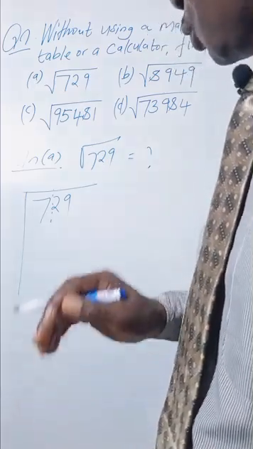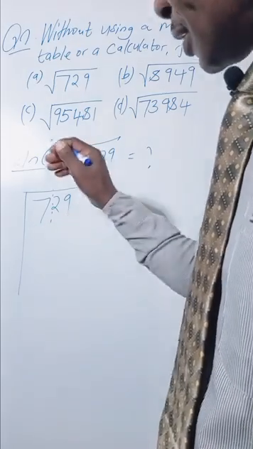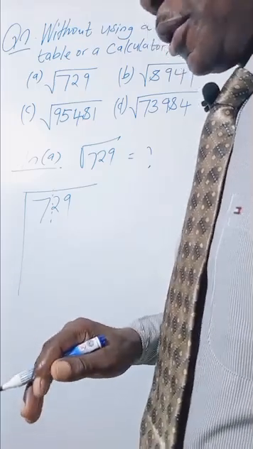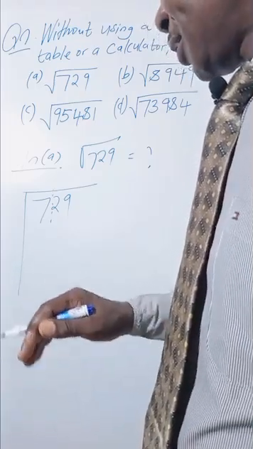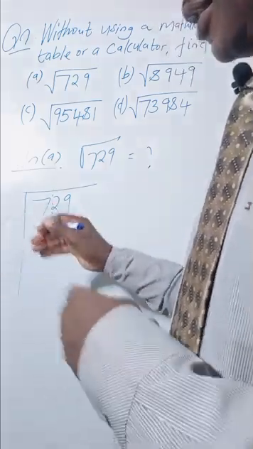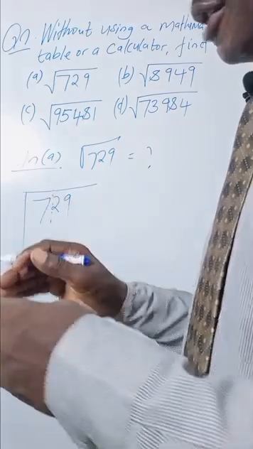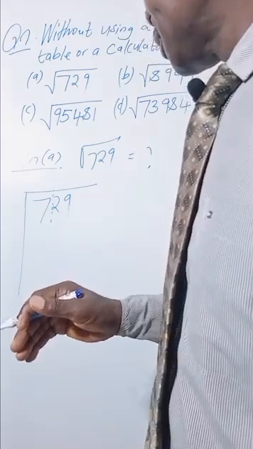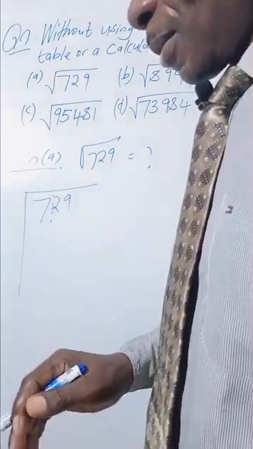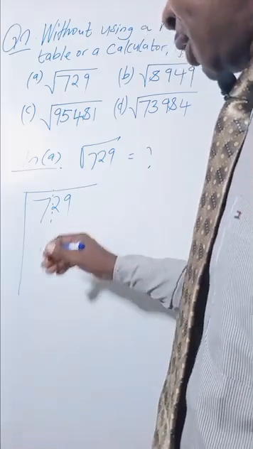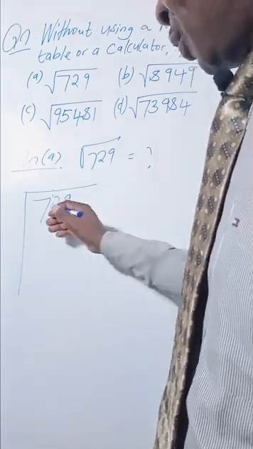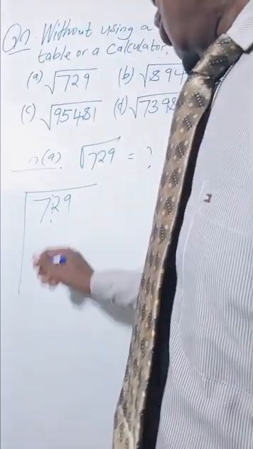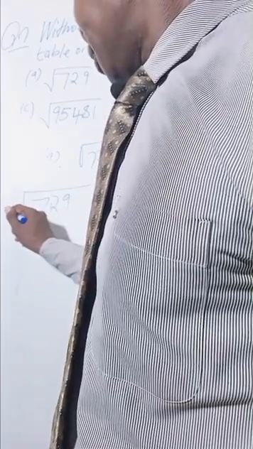Less than or equal means less than or close to 7. Definitely I will say the number is 2, because if I take 3 squared, I get 9. So it's more than 7. So let's use 2. So we write 2 here as a divisor.